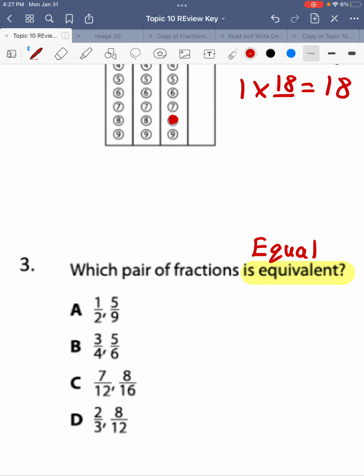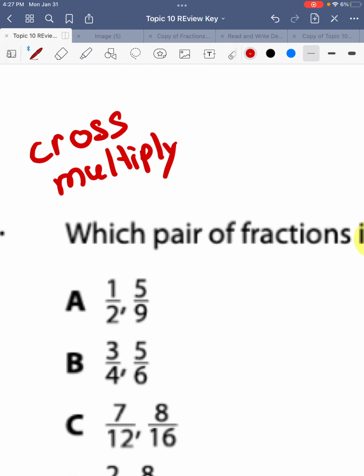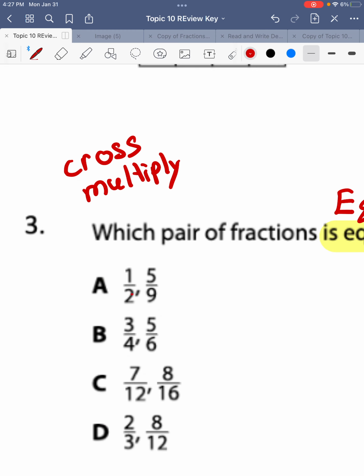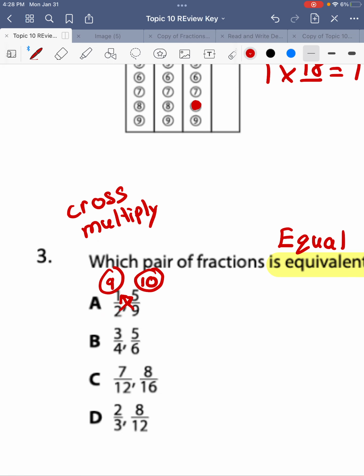For this problem, I'm going to cross multiply. So I'm going to start with A. 2 times 5 is 10. 9 times 1 is 9. So I have a 9 and I have a 10. Those numbers are not equal, so A is not my answer.